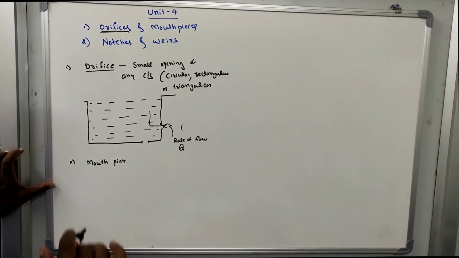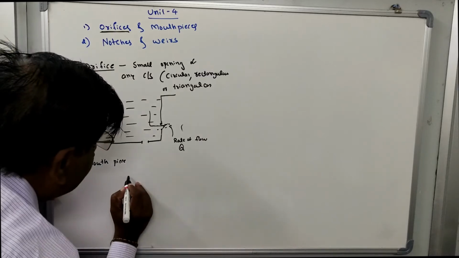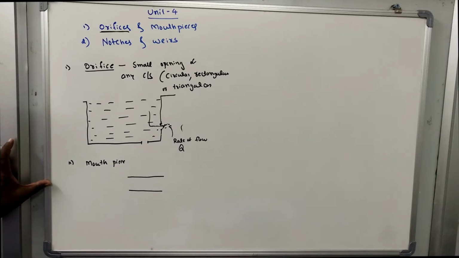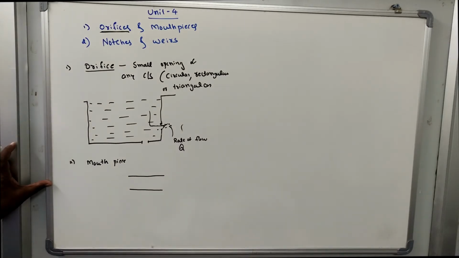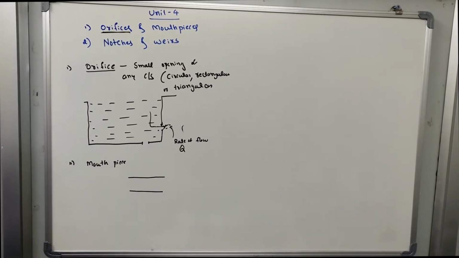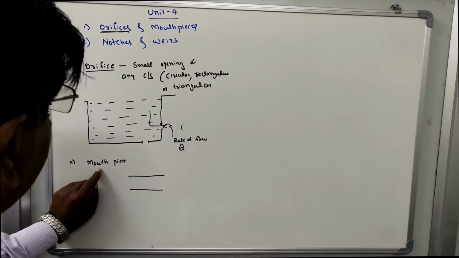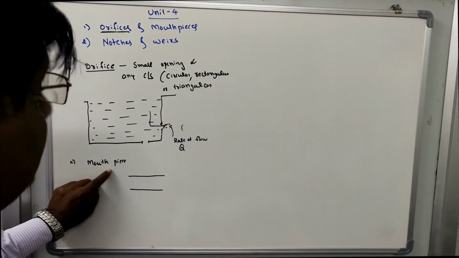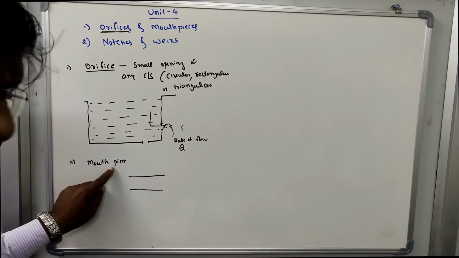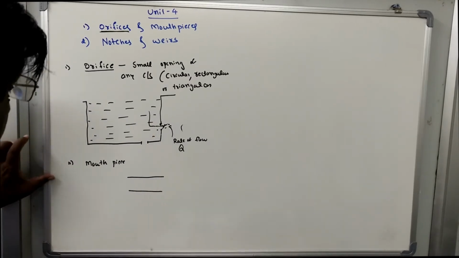Mouthpiece is a small pipe, fitted at the side of the tank or at the bottom of the tank to measure the rate of flow. Mouthpiece is nothing but a pipe which is fitted at the side of the tank like this.